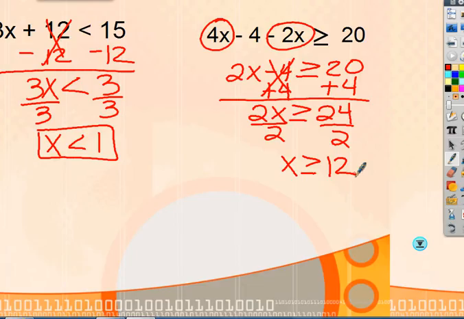Notice I combined 4x with negative 2x, which gave me 2x minus 4. I then added 4 to both sides to give me 2x is greater than or equal to 24. Then I divided both sides by 2 to get my solution of x is greater than or equal to 12.